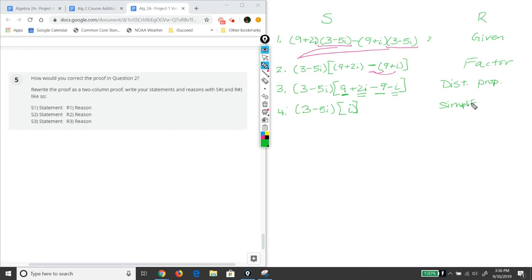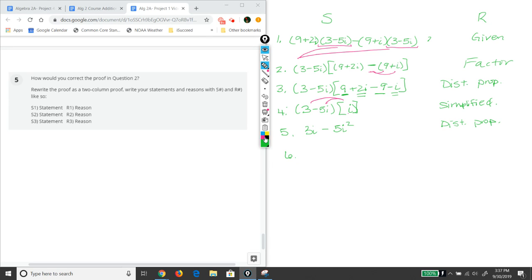You can also say something like combine like terms. Any of those would be fine. Number 5, well, I see multiplication here, so this i needs to be distributed. So to do that, I would get a 3i minus 5i squared. And again, that was our distributive property.